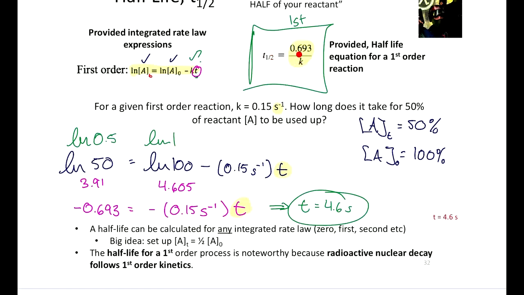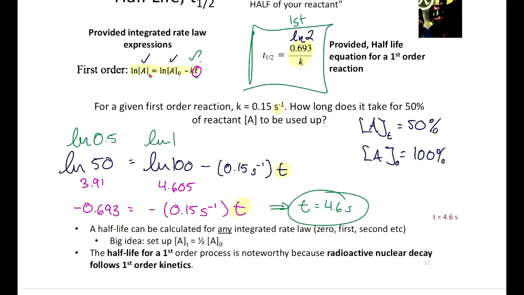The 0.693 looks like a random number, but what that number actually is, is natural log of 2. That's what that number is. If we do the arithmetic and the proof here, we can set A sub time equal to A sub 0, initial concentration, over 2, and it simplifies to natural log of 2.